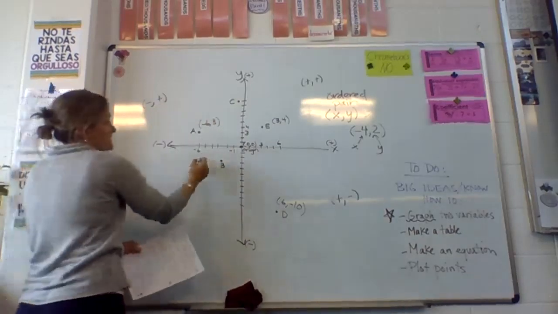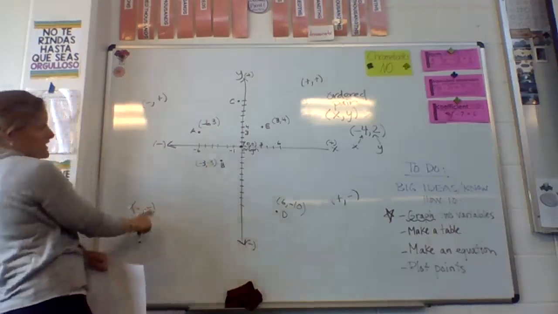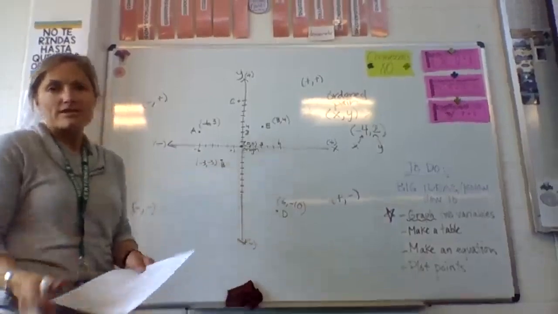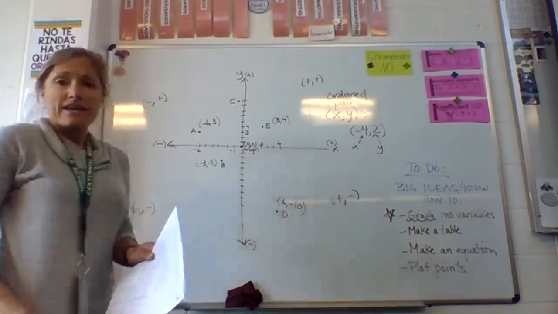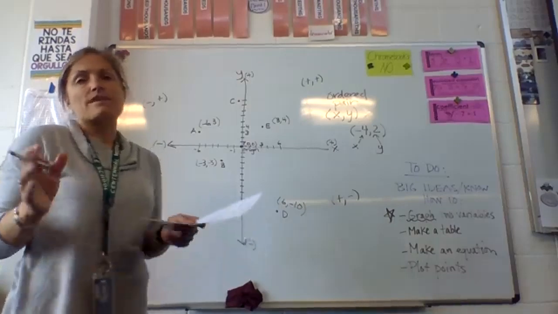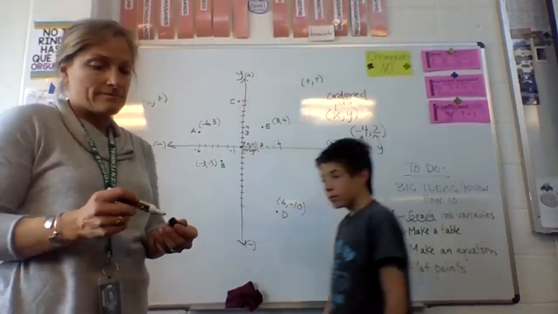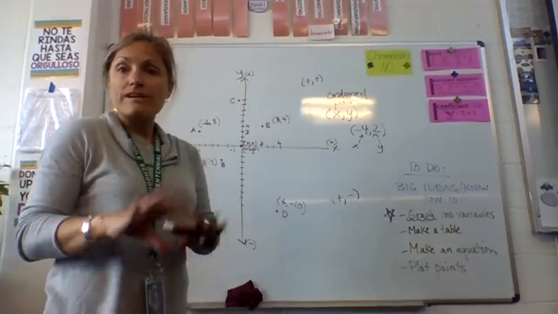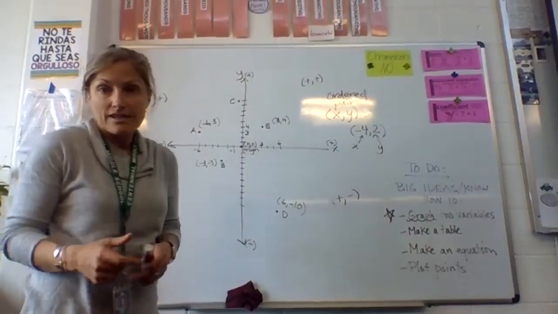And then B was negative 3, negative 3, which is negative, negative. So those are the big things to remember with four quadrants. You really have to pay attention to the positive, negative sign for the two numbers that are in the ordered pair. Okay? So really, that's all you're going to need to know. I would study your review sheet.